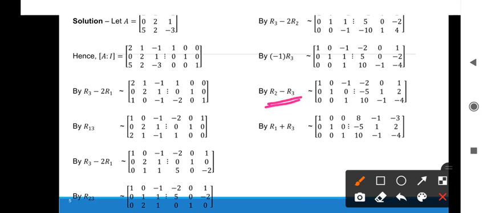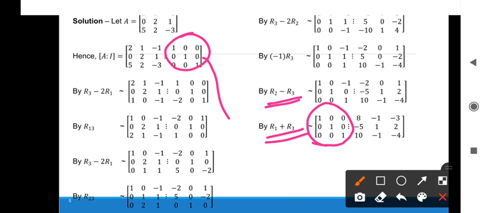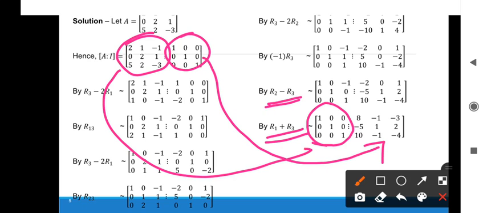You can perform these two operations at the same time, but for clear understanding I have mentioned these two operations separately. Now here you may observe this matrix is identity matrix of order 3, and at the same time this identity matrix has changed to some another elementary matrix. A matrix changed to identity matrix, and identity matrix has changed to some elementary matrix.